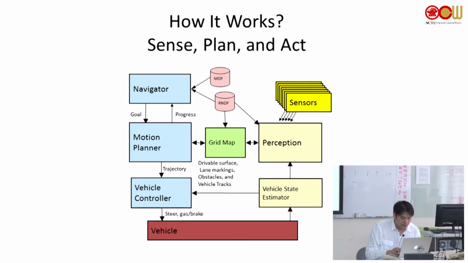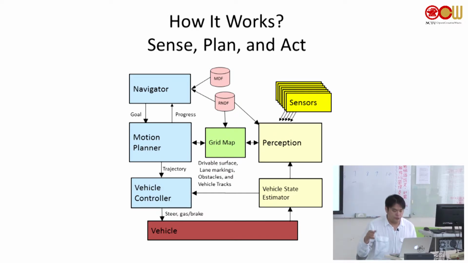Later on, you can see that it built a map by itself. On the left-hand side, you can see a navigator, a motion planner, and a vehicle controller. Those are more or less the planning part.